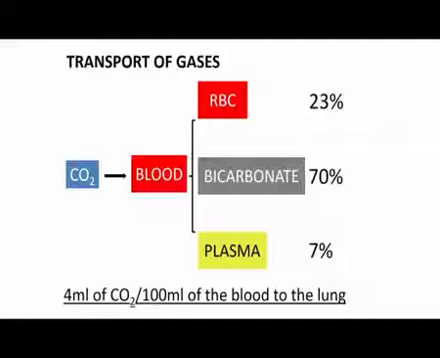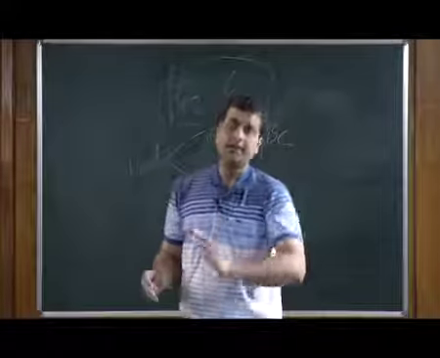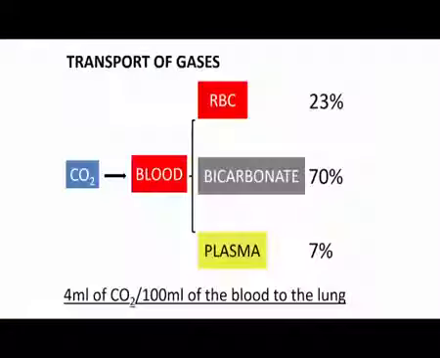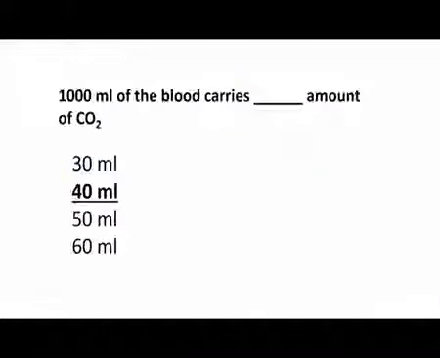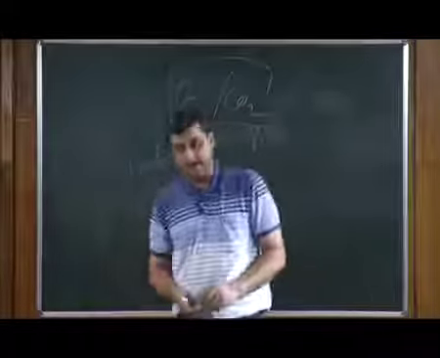So, 23, 70 and 7 are the different concentrations of CO2 transported by these three elements. In total, 4 ml of CO2 is transported per 100 ml of blood. Similarly, how much CO2 can 1000 ml of blood carry? 4 multiplied by 10 gives 40 ml. So, 40 ml of CO2 is carried per 1000 ml of blood.